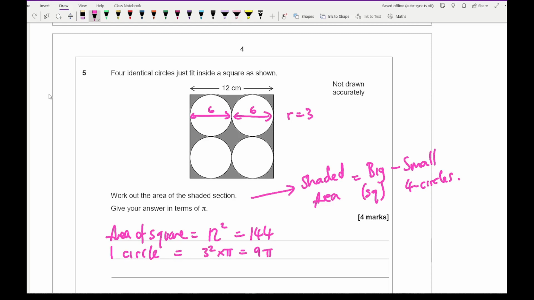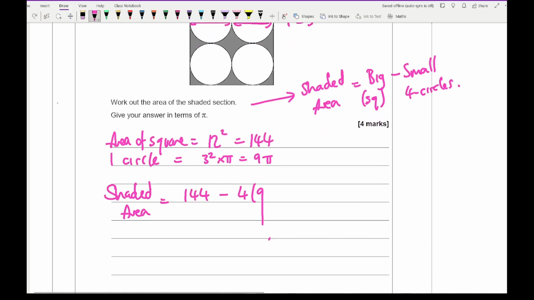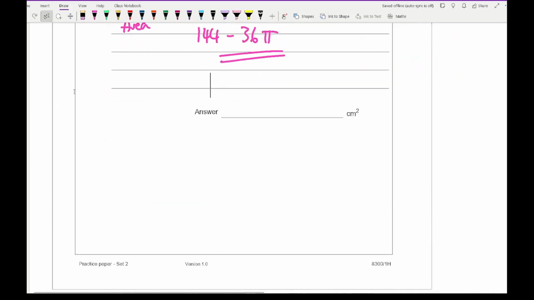Now I've got 4 circles, so the shaded area is going to be 144 minus 4 circles, so 4 times 9 pi, which gives me an answer of 144 minus 36 pi, and there is my final answer.